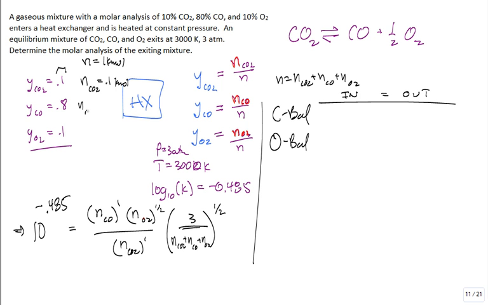I'd have the amount of CO to be 0.8 kilomoles, and I'd have the amount of O2 to be 0.1 kilomole. See how I start that process in my mind? I say, hey, I know the mole fraction is coming in. Let me assume I start with 1 kilomole coming in. Do you think I'm going to get N total coming out, exit, to be the same as N total in? Is it going to be 1 kilomole coming out?